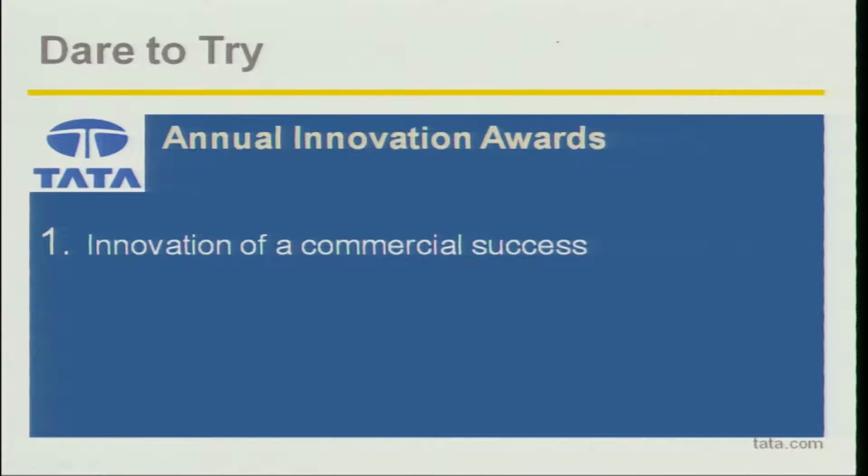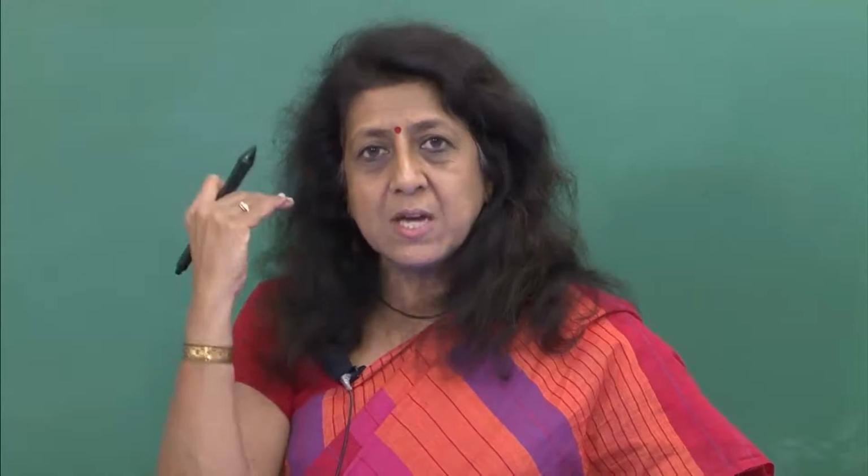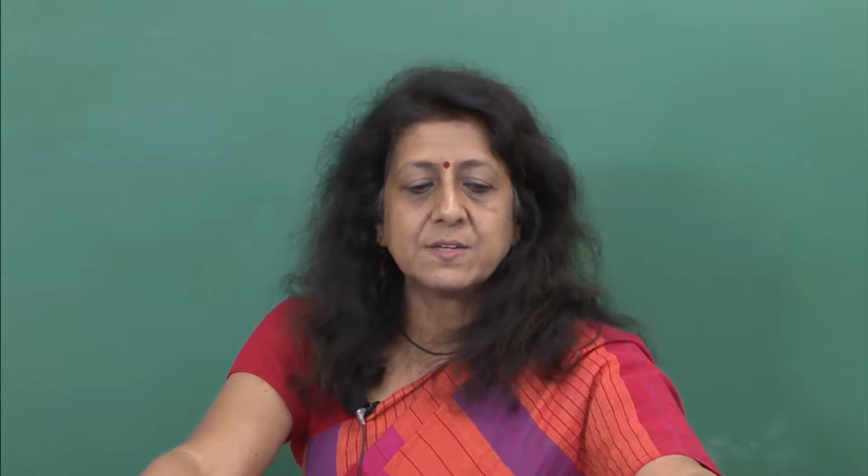So they have introduced these annual innovation awards, and they have them in 3 categories, right? The first one is innovation of a commercial success, something that went through the innovation process, went through the production, and has gone out in the market, and it's become a commercial success, right? So innovation of a commercial success is the first category.